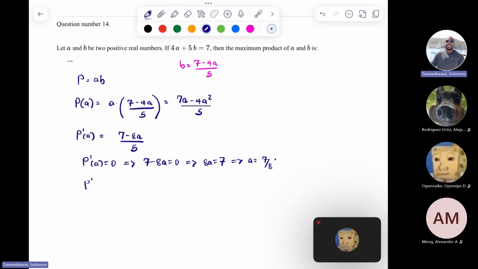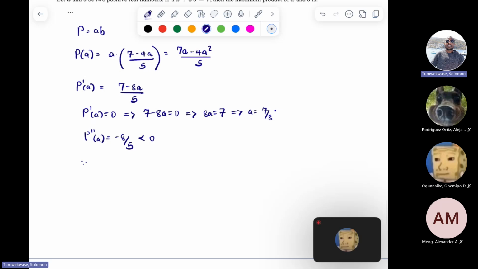So we can take the second derivative of this function, and clearly it is negative 8 over 5, and this is always less than 0. And therefore, I can say that A equal to 7 over 8 is a maximum, a global, an absolute maximum, right?